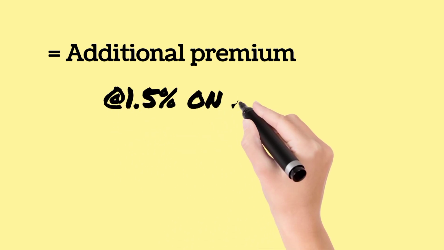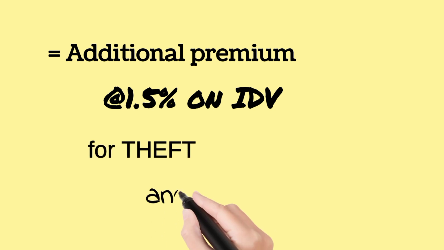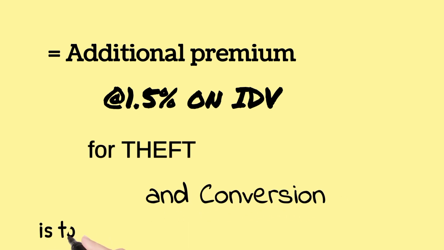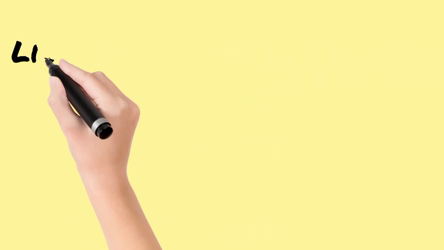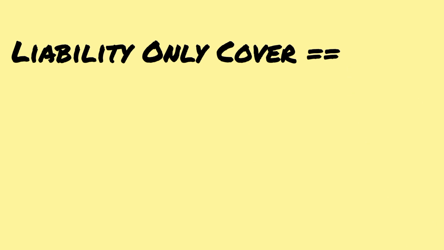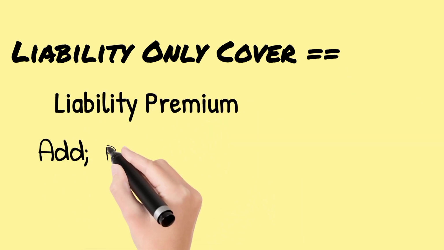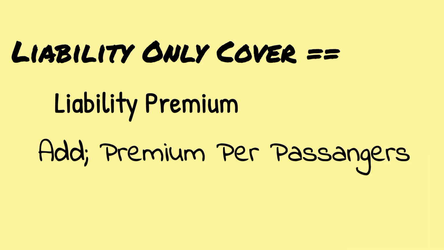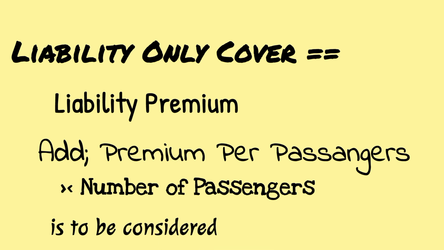Additional premium at the rate of 1.5% on IDV for theft and conversion is to be collected. Liability only cover, liability premium plus premium per passengers into number of passengers is to be considered.